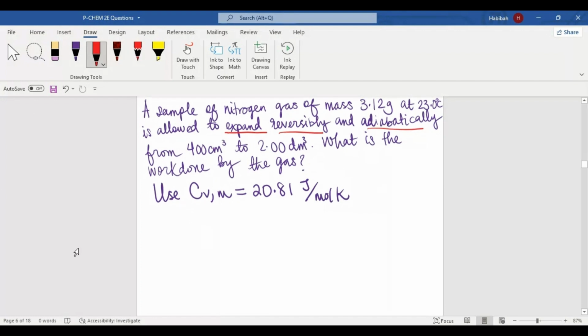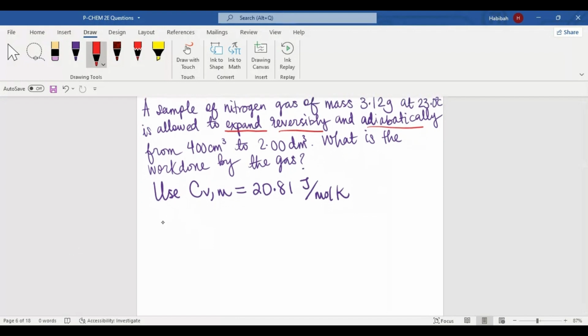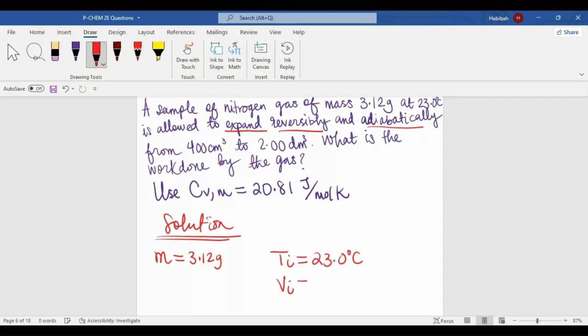The first thing you have to note is this information right here. We're going to write out all of the parameters. So to solve this question, of course, we're going to write solution because we're starting to solve. We have the mass of gas that we're given to be 3.12 grams. We've got the initial temperature to be 23.0 degrees Celsius. We've got the initial volume to be 400 centimeter cube.